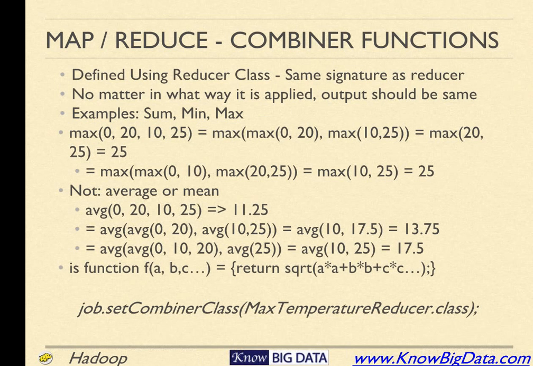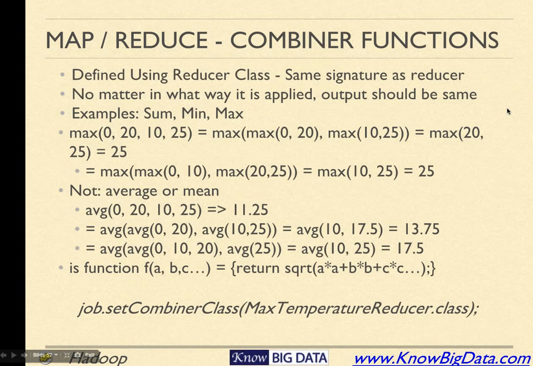So a combiner has to be such that no matter in what way it is applied, the output should be same. Let's say there are four values, 0, 20, 10, and 25 for a single key, and we want to combine these values using our combiner, which essentially does the maximum.